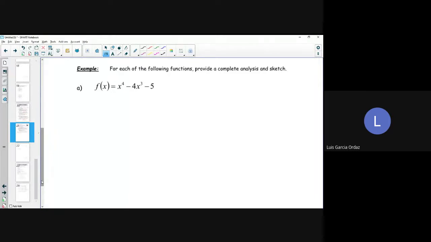So for the first one, let's determine our domain. So what would my domain be for this function over here? x is an element of the real numbers, perfect.